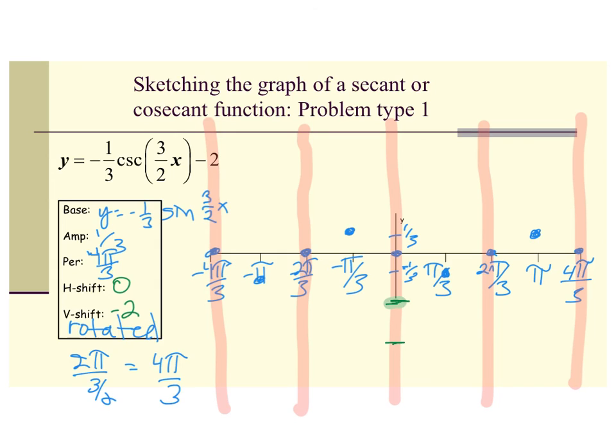So this point would drop to about here. So the one sitting on the x-axis will drop down to about there. Except, I apologize, I don't grab the ones on the x-axis. Okay.